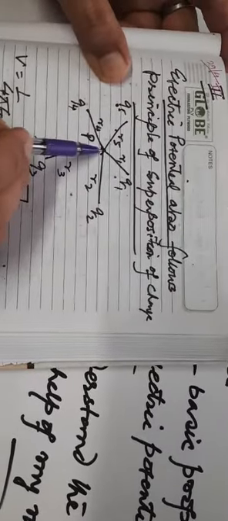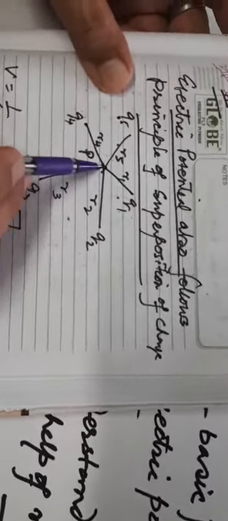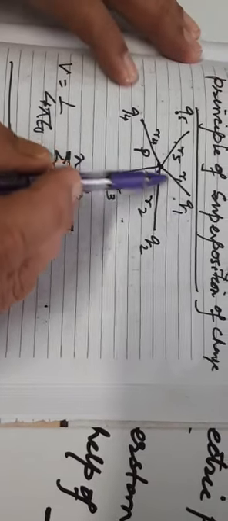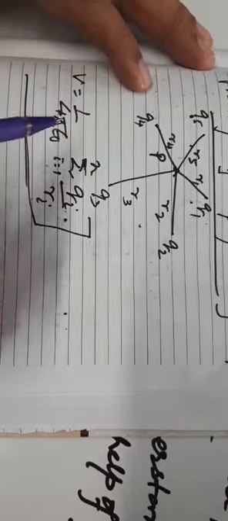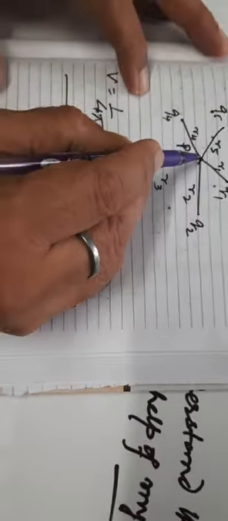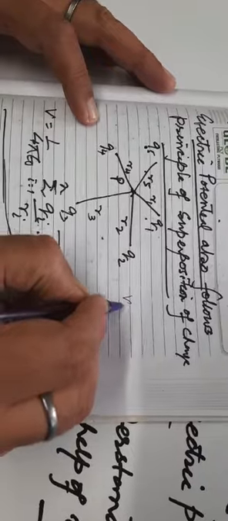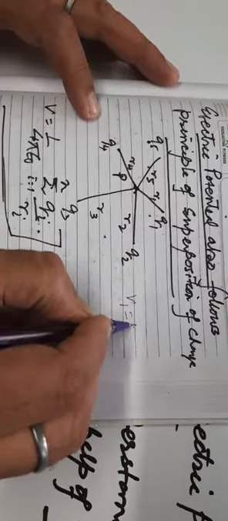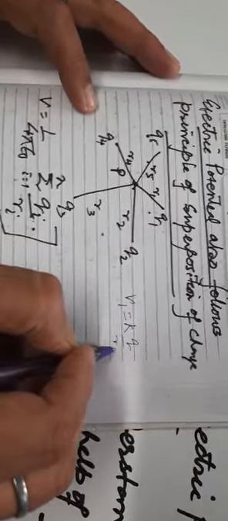Say, for example, there is a point P, and in the surroundings of P there are several charges Q1, Q2, Q3, Q4, Q5. All these charges are at distances R1, R2, R3, R4, R5. If we find the potential at point P due to the Q1 charge, it will be V1 equals K Q by R1.